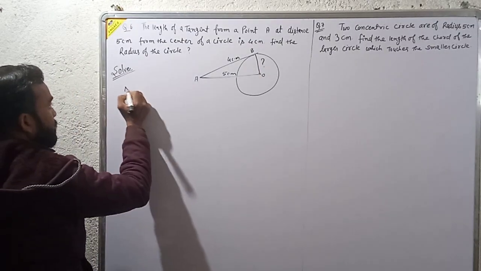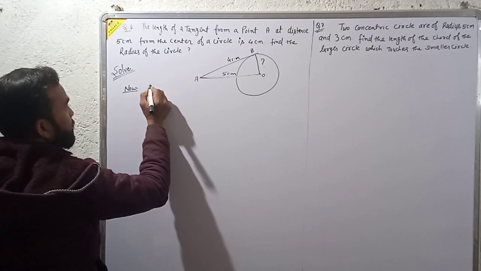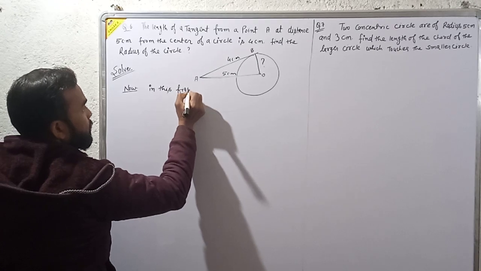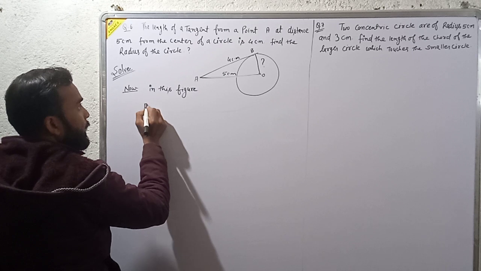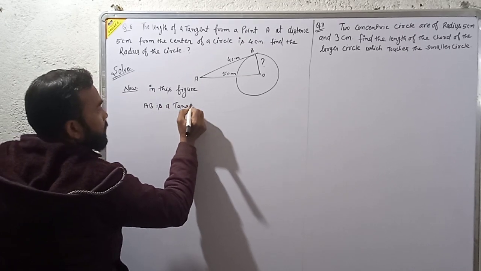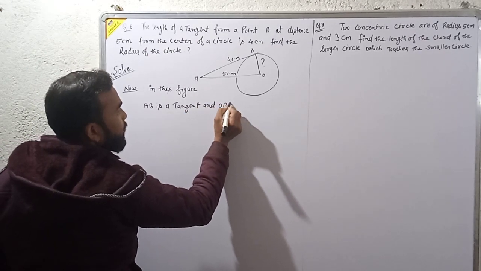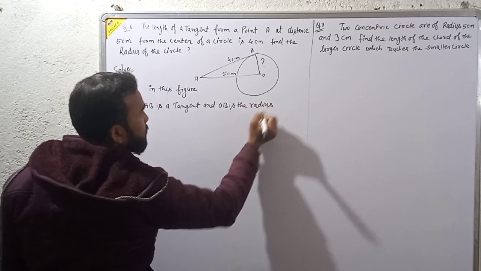Now in this figure, AB is a tangent and OB is the radius.